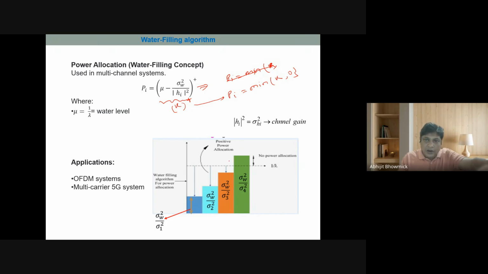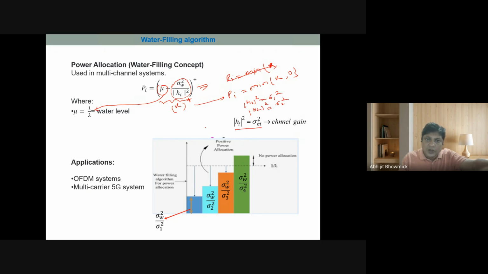See that 1 by lambda, that mu, is mentioned here. 1 by lambda, this level, is this. This is the power requirement. This much the ith user already has. So this is indicated here. For the first user, it means sigma squared by h1 squared. What is sigma 1 square? Sigma 1 square is mentioned here. If it is h2 square on the user 2 channel, then it would be sigma 2 square.